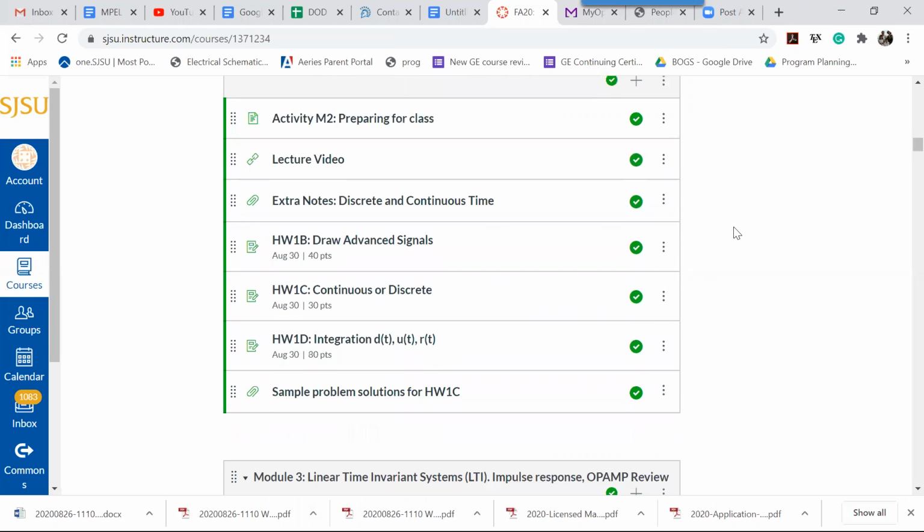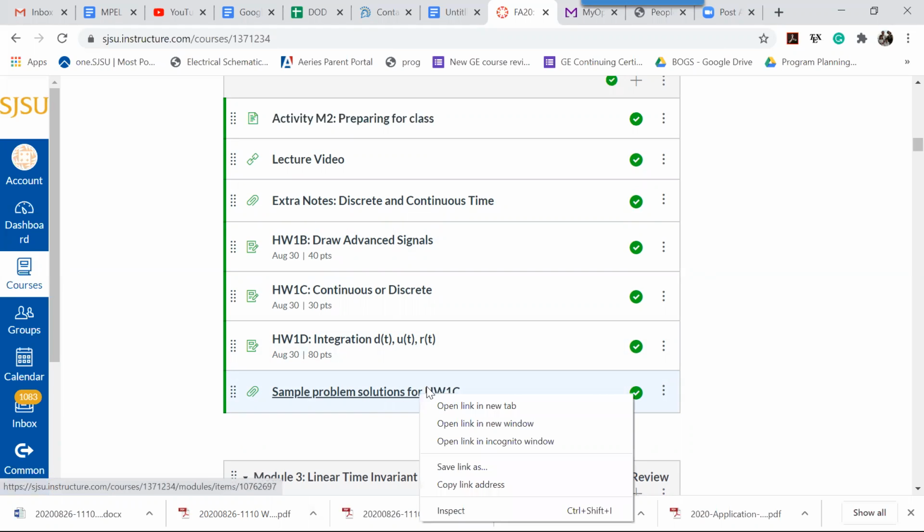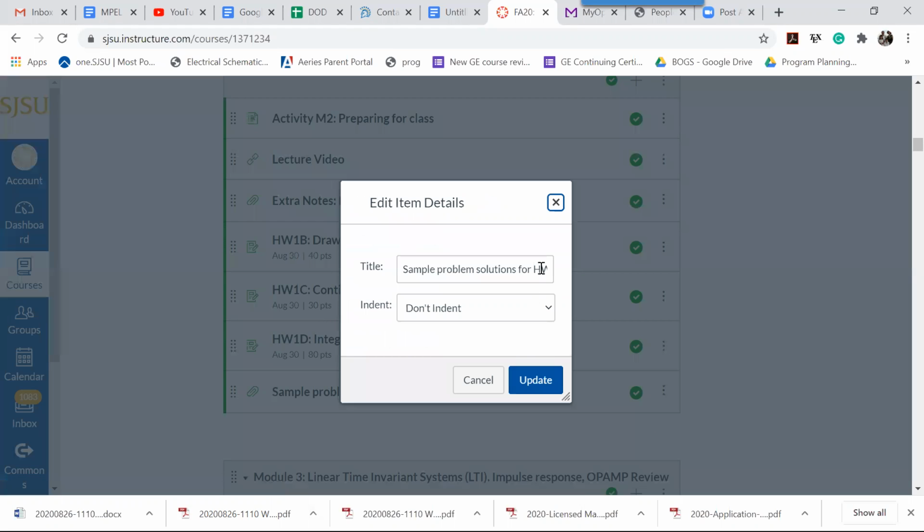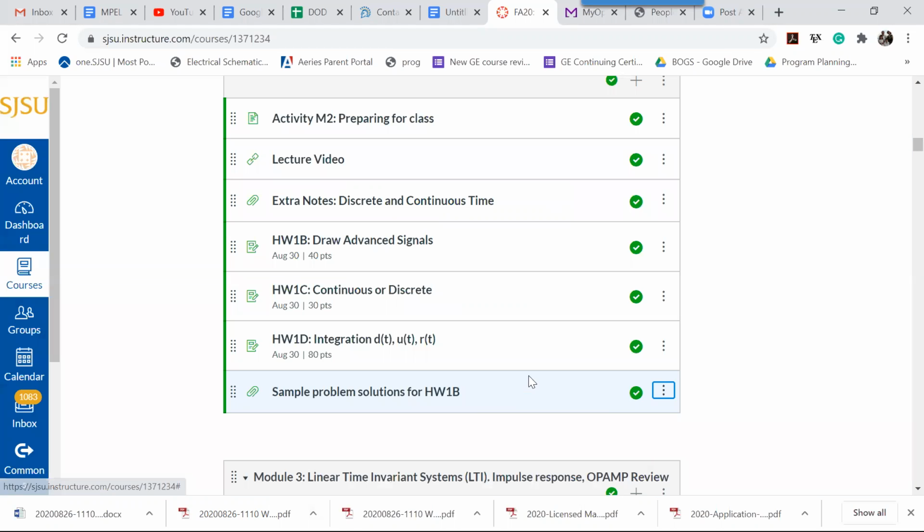Where's homework 1B? I guess this needed to be changed, but sample. Because I think I deleted one assignment. So sample problem solutions.